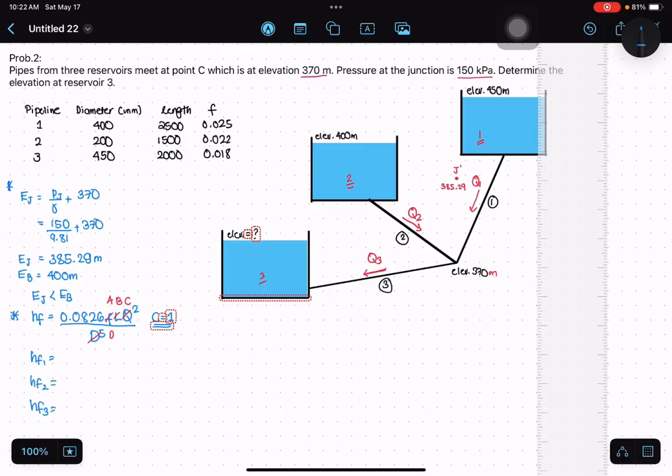Ano yung F sa pipe 1? 0.025. L is 400. Q, 1. And then diameter na, ay baliktad. Ang F, 0.025. B, which is L, is 2,500. Q is 1. D is 400.4. So, ang lalabas is 500.